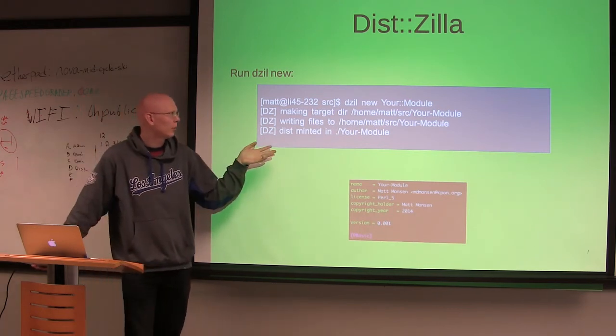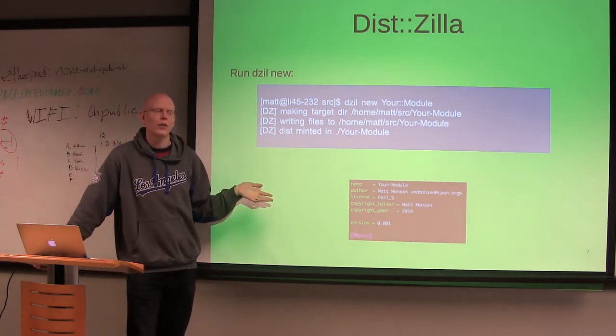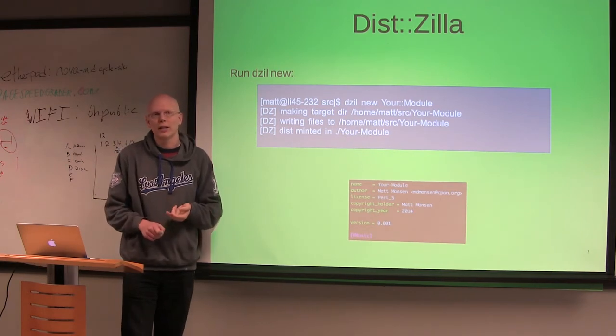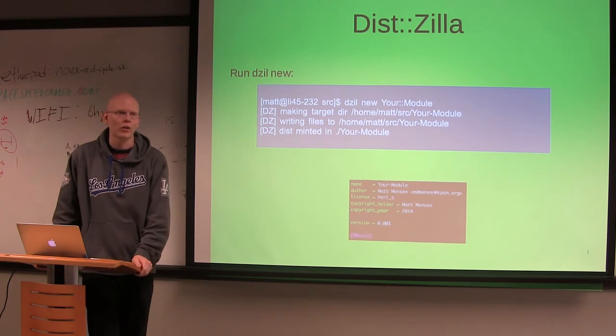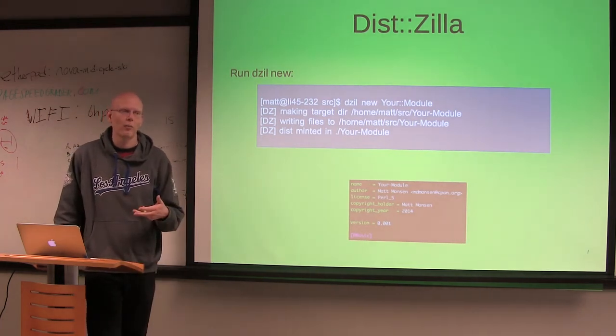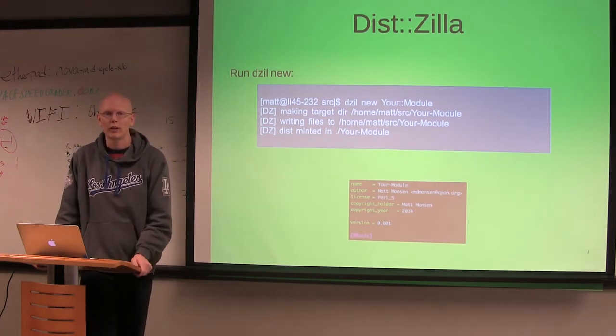It'll also spew out very nice errors or warnings if you're missing certain POD doc in your distribution, and it will help guide you along to make sure that you package your tarball correctly, and then it will even go forward and do that.